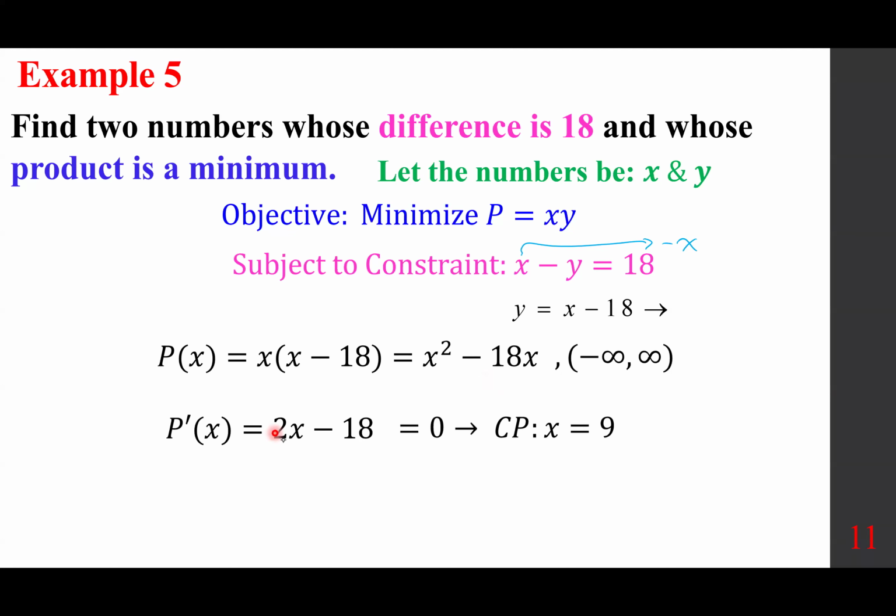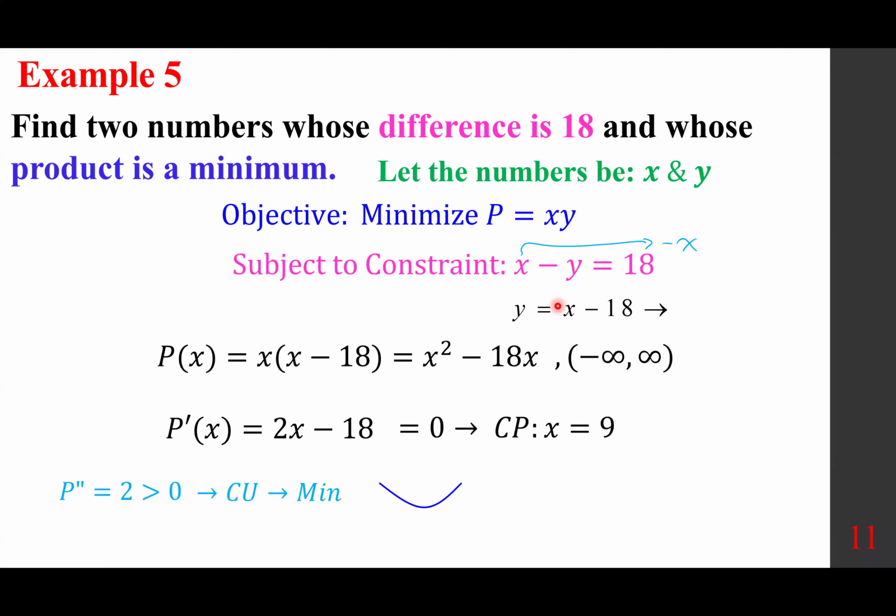P double prime is just a number. Anytime P double prime is a constant, it makes life easy. And remember, it's positive, means concave up, means we have a minimum. So minimum occurs when x is 9.